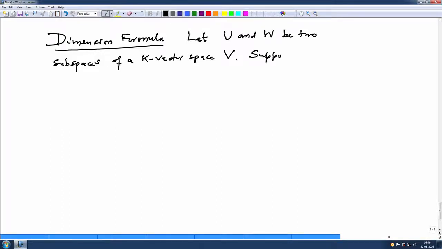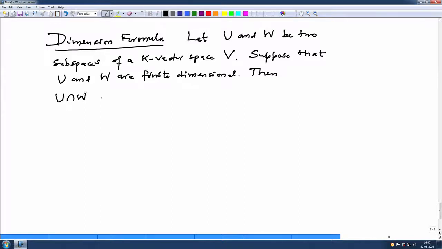Suppose that U and W are finite dimensional. Then U intersection W and U plus W are also finite dimensional.